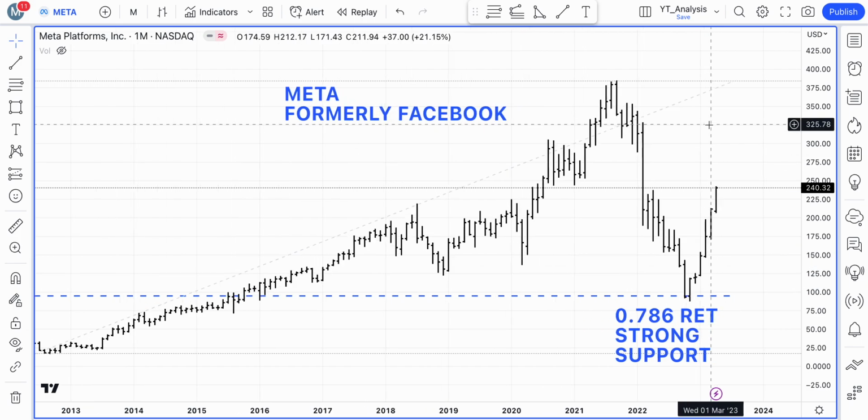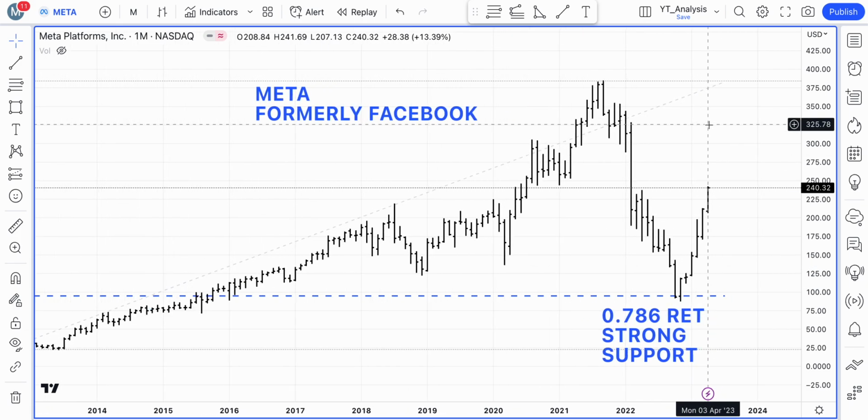1, 2, 3, 4, 5, 6. For now, the stock has been rallying for 6 months. That's half a year. Whether from here onwards we begin to see the stock consolidate a little bit, after a 6 months strong rally, it's quite possible the stock begins to go sideways, maybe pull back a little bit as we begin to enter the summer months.